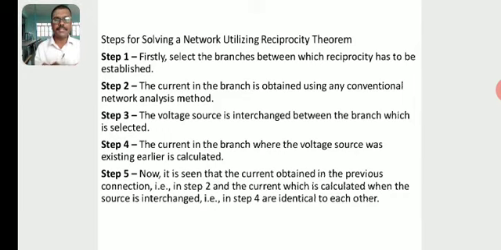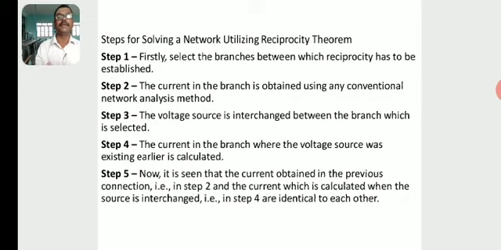Second, the current in the branch is obtained using any conventional network analysis method, maybe Kirchhoff's current law, Kirchhoff's voltage law, Ohm's law, or any law. Step 3, the voltage source is interchanged with the selected branch.